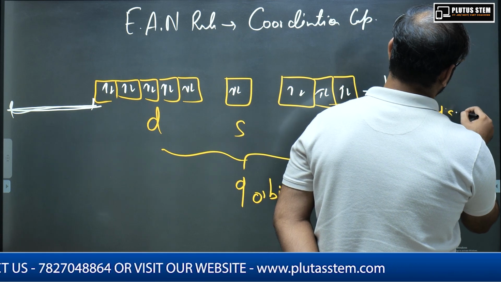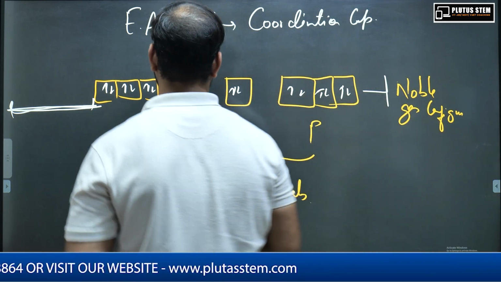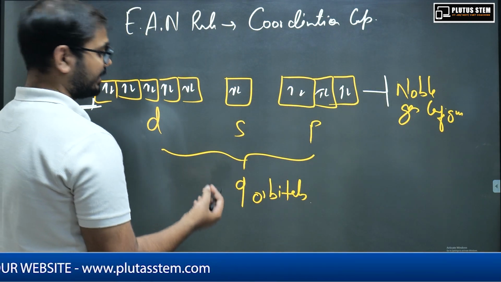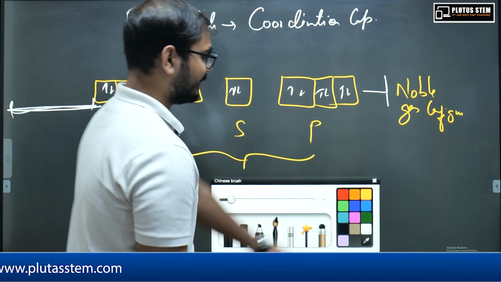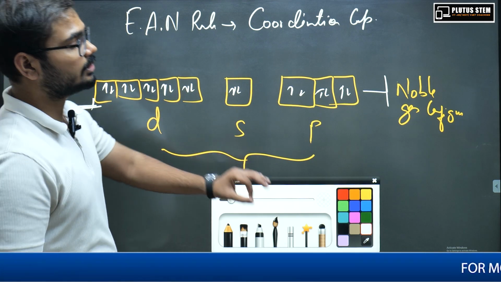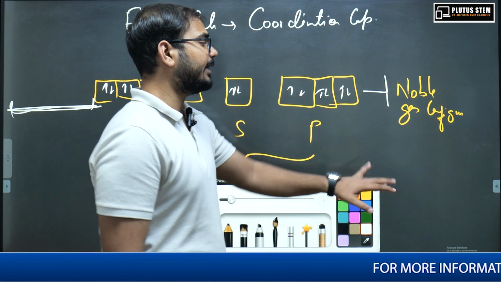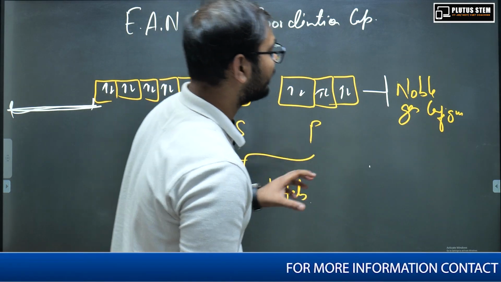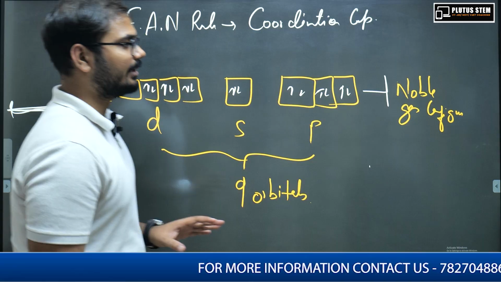And like any other compound that attains noble gas configuration, it becomes completely stable. So the EAN rule states that when the total number of electrons in a complex becomes equal to a noble gas configuration, the particular complex will be stable in nature.